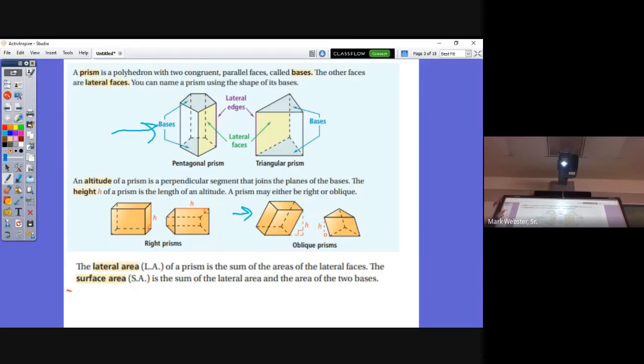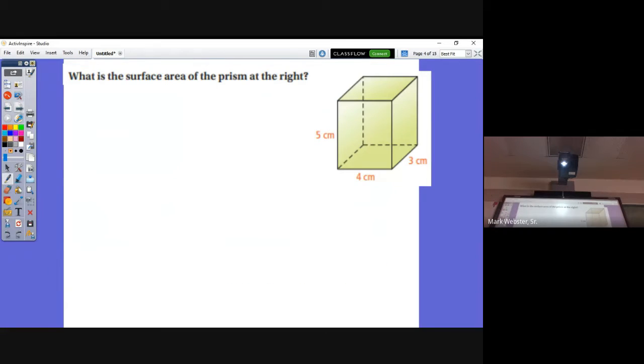So what I want to do, before we get into formulas, is go over what's actually happening when we talk about surface area, right? One way you can think about it: imagine you take that box, cut it up and unroll it, and then you're just finding the area of all those pieces.